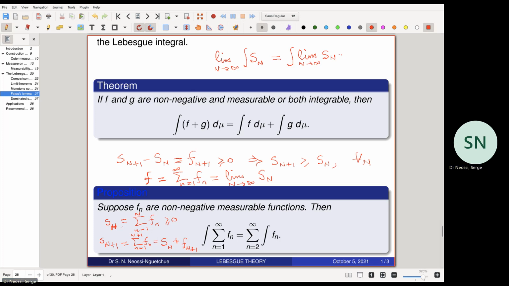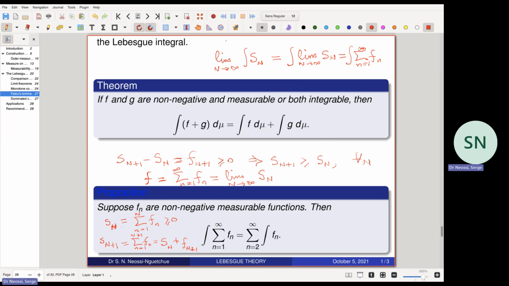But what is this? This limit is the function f, which is the infinite sum, n running from 1 to infinity, of f sub n. And what is this? It is the first one.